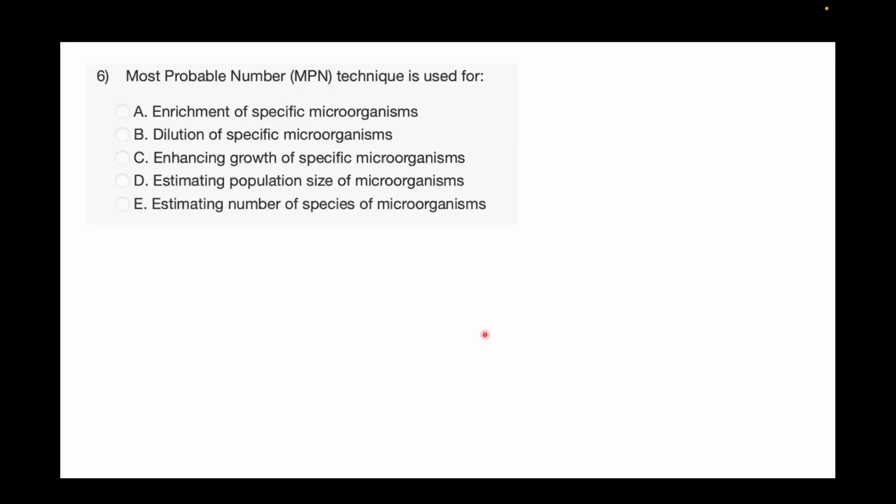Option C, enhancing growth of specific microorganisms. Option D, estimating population size of microorganisms. Option E, estimating number of species of microorganisms. Recall this technique and tell me what you think is the correct answer.